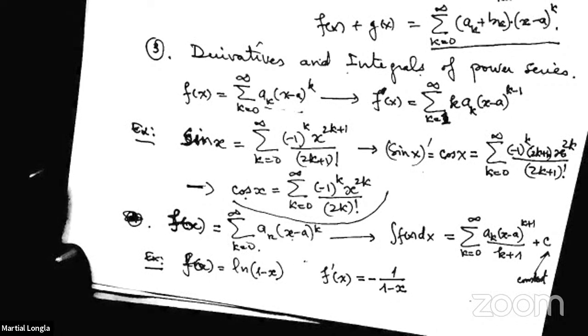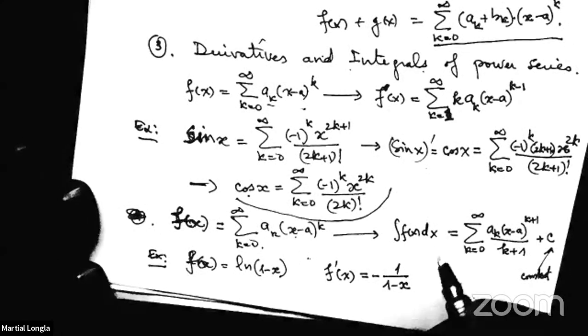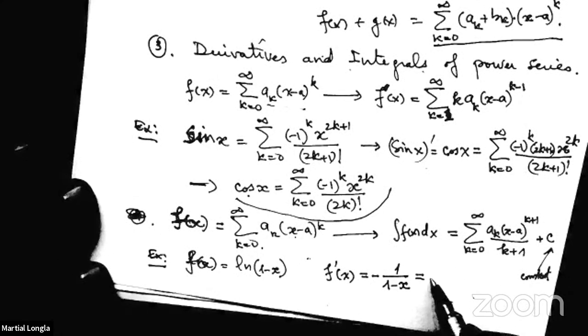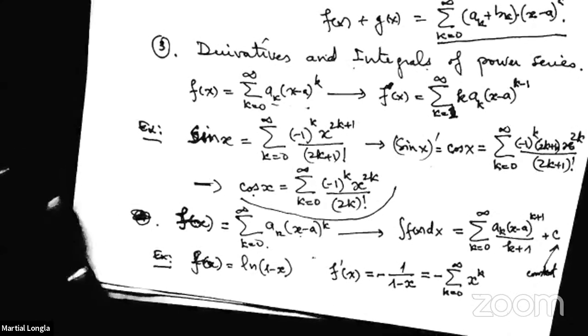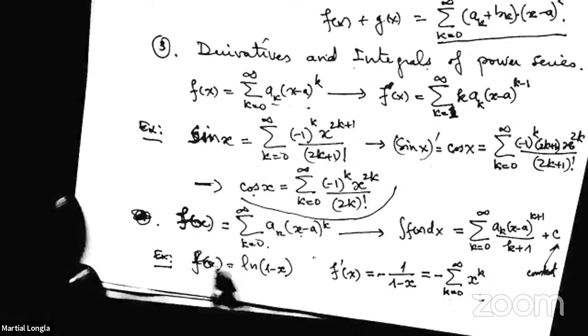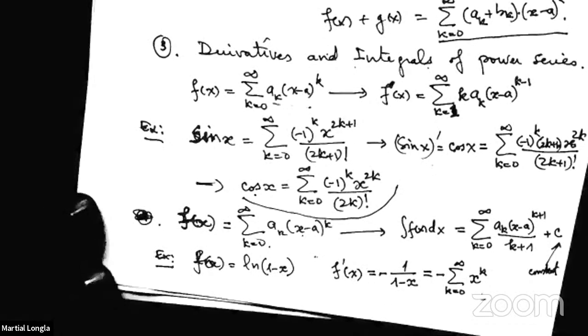Is it the sum from k equals 0 to infinity of x to the k? Yeah. So that's negative sum k from 0 to infinity x to the power k. So this function is the derivative of that.